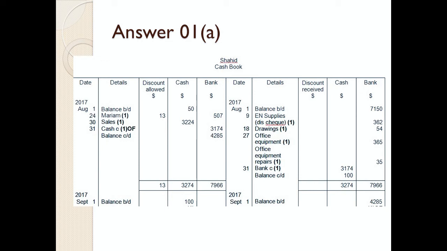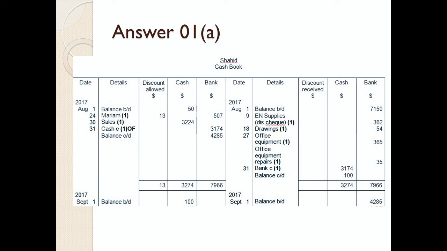On the debit side of your bank account, the entries are 507 after deducting the discount of 13 from M's payment, and 3,174 when we balance your cash account. This amount comes from there, and that would be your closing balance, which shows that your credit side of the bank still increased by 4,285. So what will you do with this? This carry down should be brought down on the next balance.